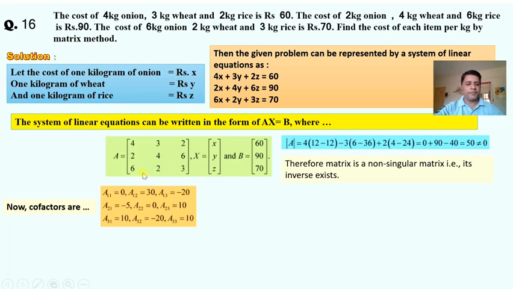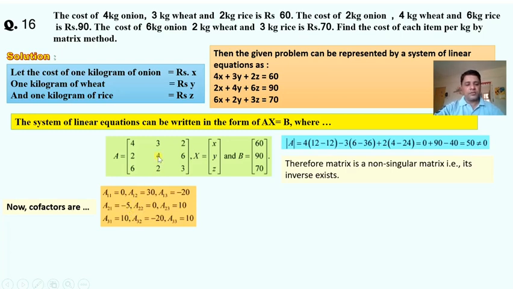Then A21, leaving this way, we'll have 3 × 3 is 9, minus 4, minus 5, and because of this 2 1 negative sign, it becomes positive 5... the value is minus 5 after the sign.